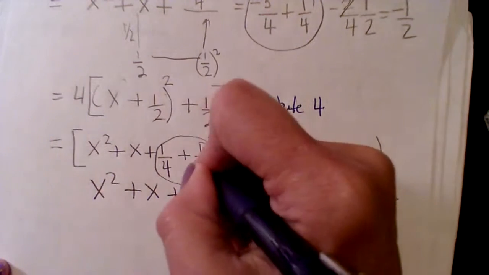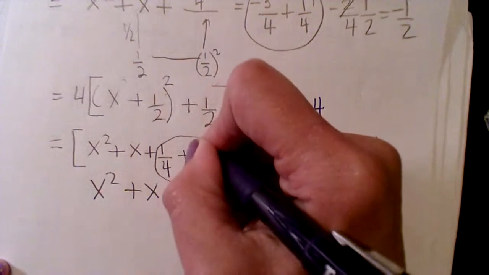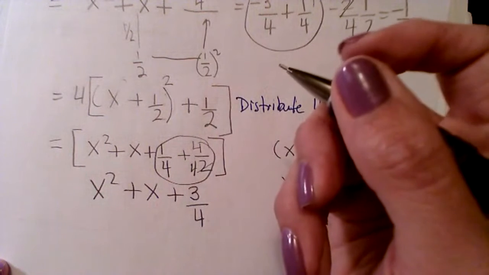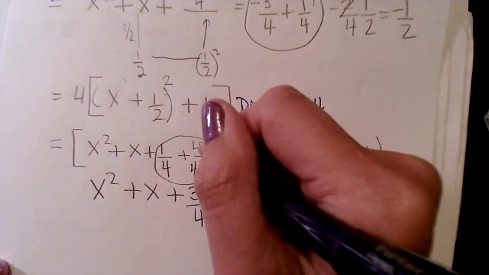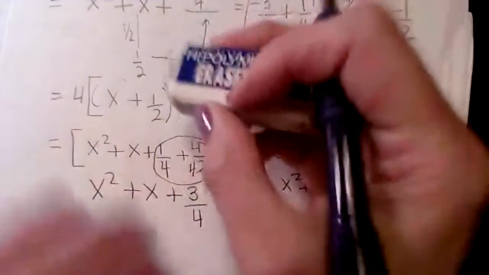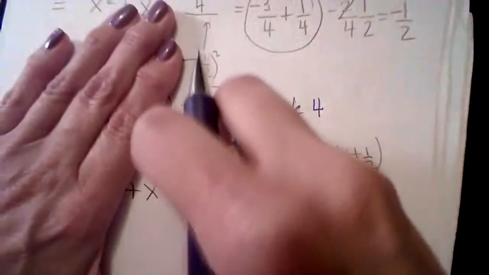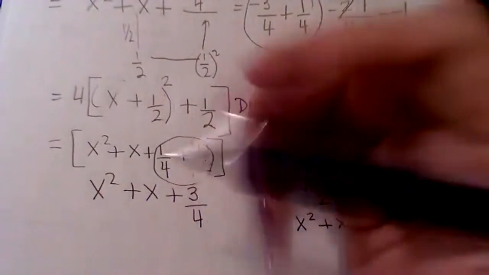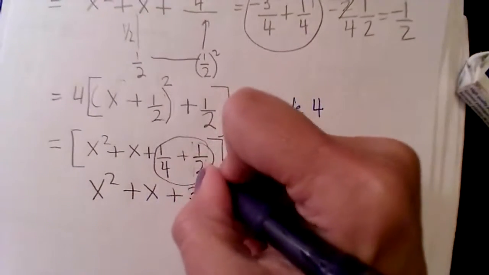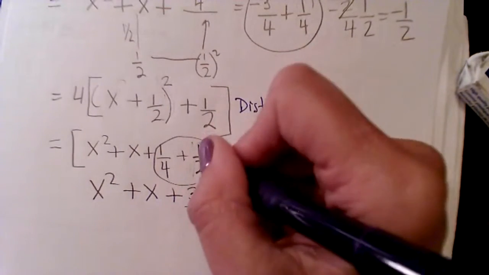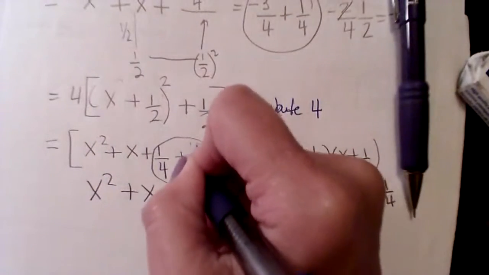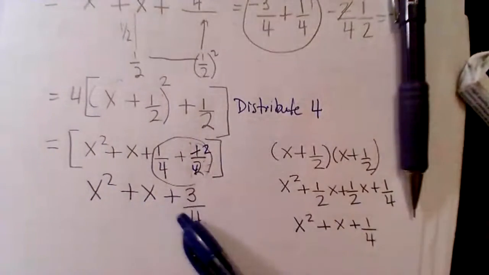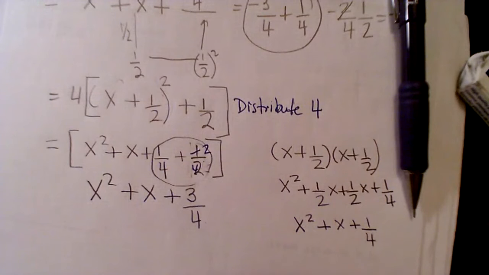Because this becomes 4 and this becomes 1/4 plus 1/2. This is what? This is 2/4, which is 3/4. There it is.